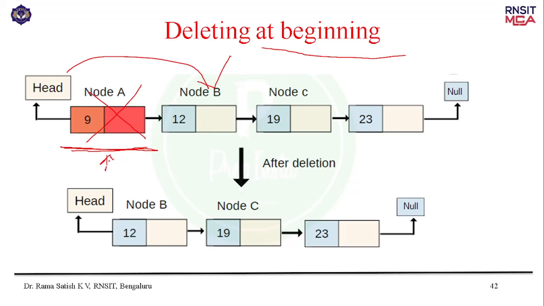If the temp node is available in the beginning itself, you can deallocate it. Deallocation, the deletion function, you know very well: free is the command. Malloc is for allocation of memory, free is for releasing the memory. Anyhow, we'll see that example in the implementation of the C program.